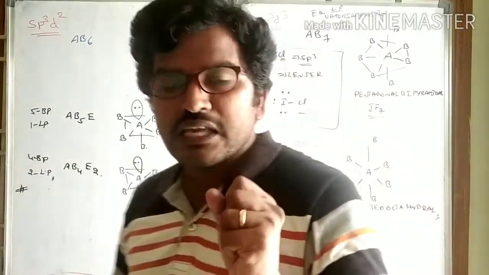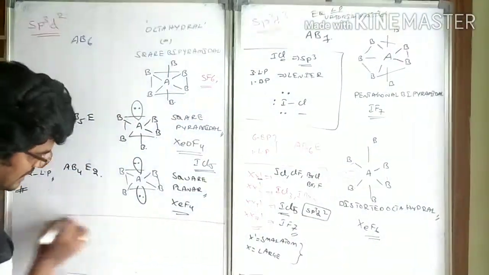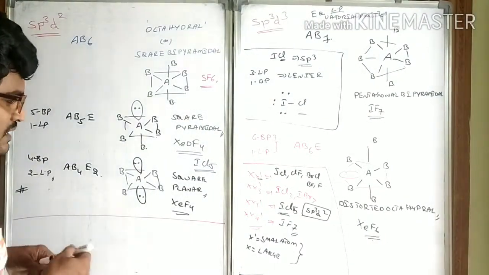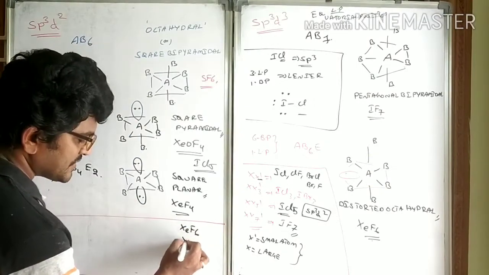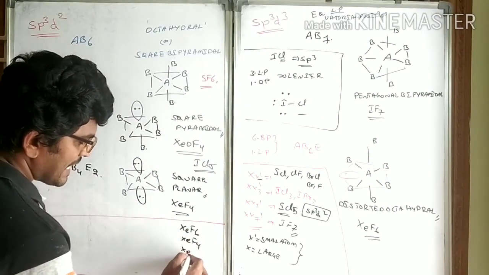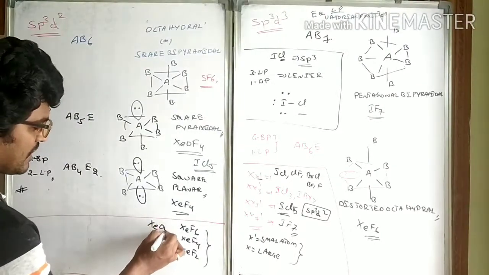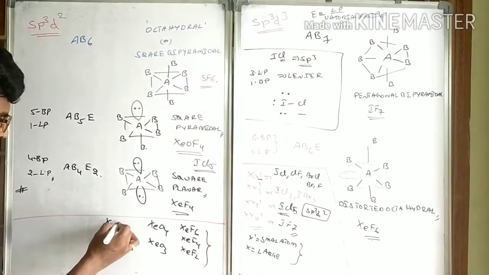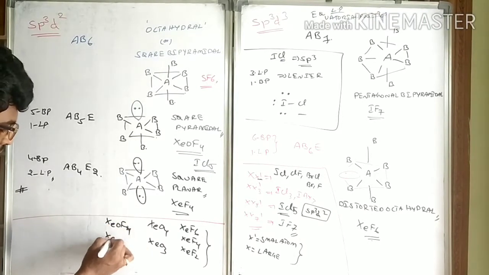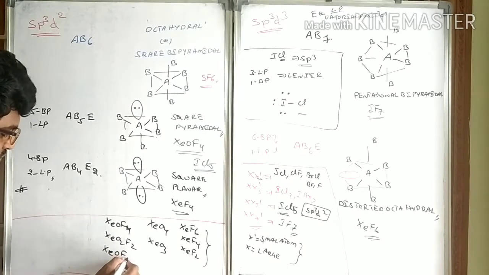When you take inert gas compounds like XeF4, XeF6 and all, let us see what we have. The fluorides are XeF6, XeF4, XeF2. The oxides of xenon are XeO4 and XeO3. The oxyfluorides are XeOF4, XeO2F2, XeOF2.